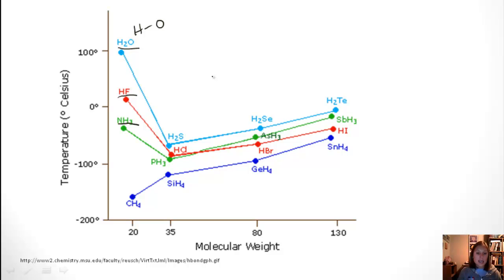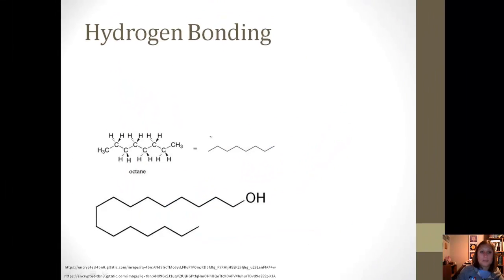It's not the fact that inside the water molecule we have hydrogen to oxygen. It's the fact that when we put more than one water molecule together, the bonds between those molecules involve oxygen to hydrogen. Same thing with the hydrofluoric acid, and then the ammonia. So it's not the bond within the molecule, but it's the bond between the molecules that we're looking at here.